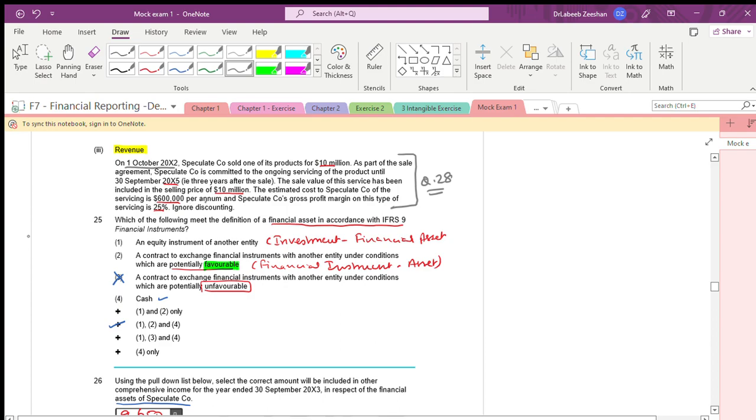This is 2002, as part of that agreement, 3 years. The sale value is the selling price, the estimated cost is this much, and the profit margin is this much.